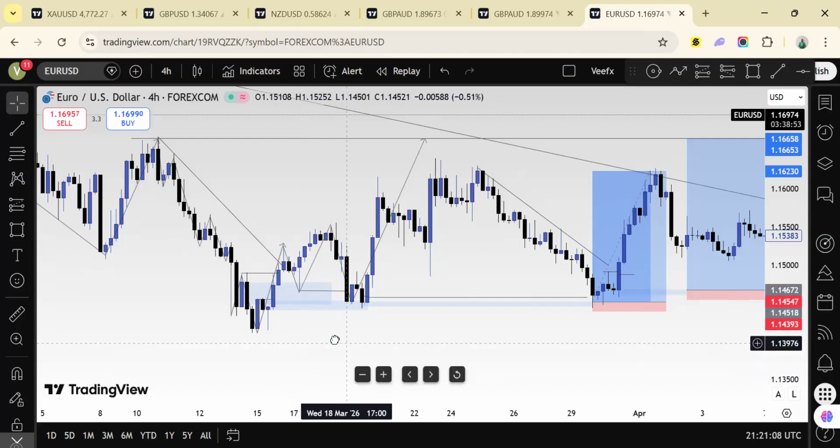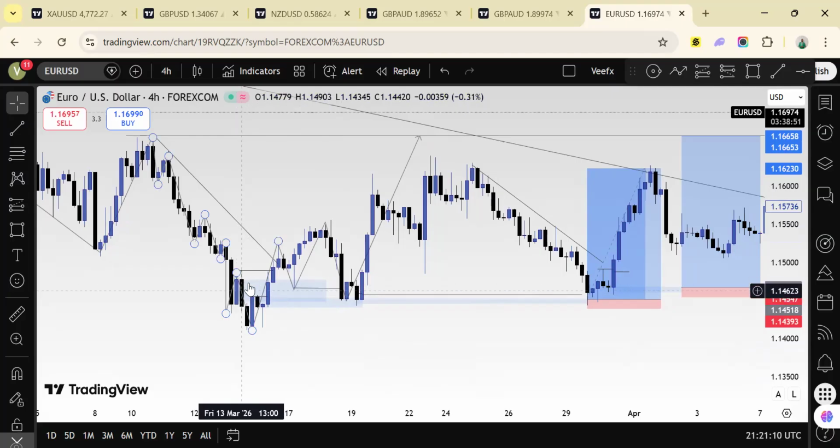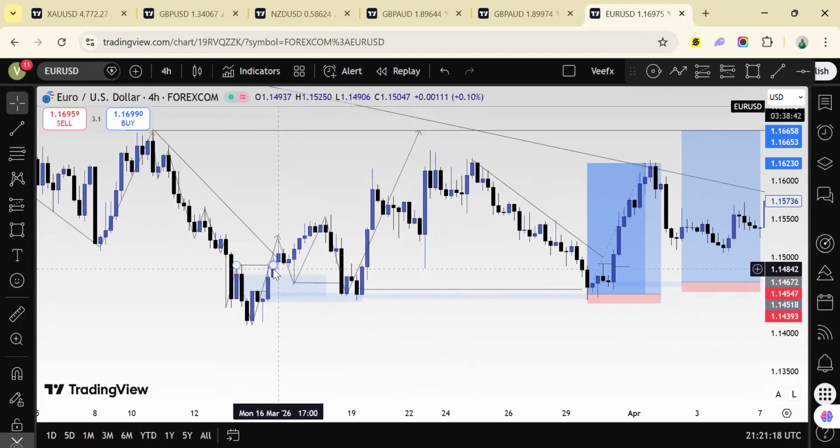So in this case, we have this breaker block here that is large, right? And we have an order block here. Now, when you see our liquidity here after our market structure shift, you can see that when the market was making that liquidity, it tapped into our breaker block here. But look at our order block. So let me just delete this.